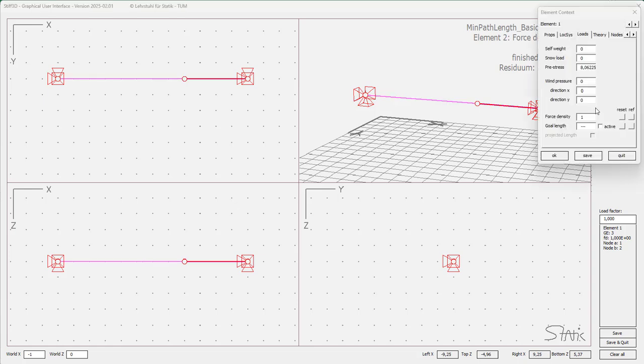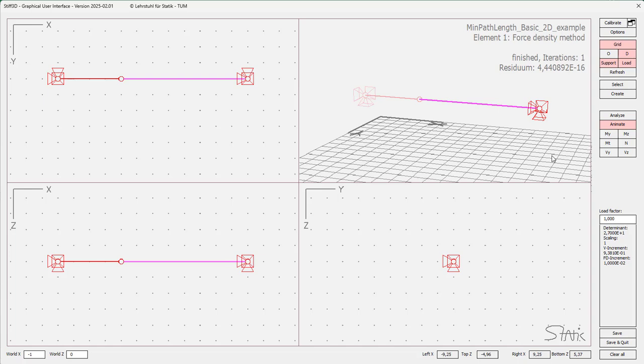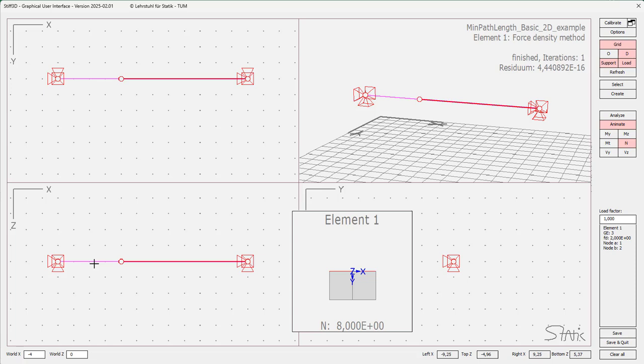Let's now just flip it over. Just take 2 for element 1, for the force density, and 1 for the force density of element 2, and we just receive the opposite or just the related result with a smaller length where the force density is larger and a larger length where the force density is smaller. And again checking the force should in this case as well be 8.